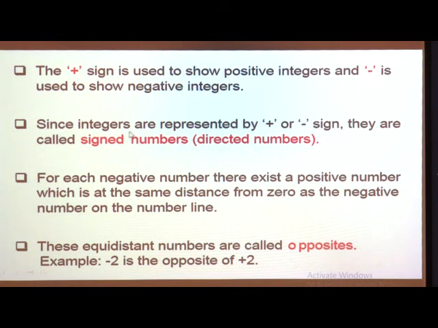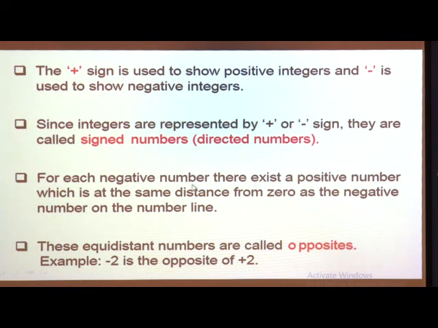Since integers are represented by plus or minus signs, they are called signed numbers. They are called signed numbers because they have some particular sign, or directed numbers.